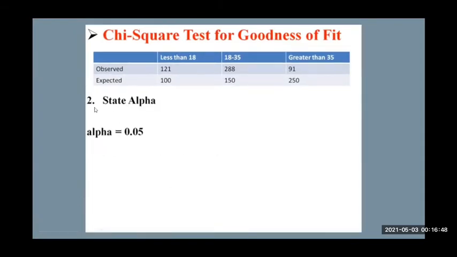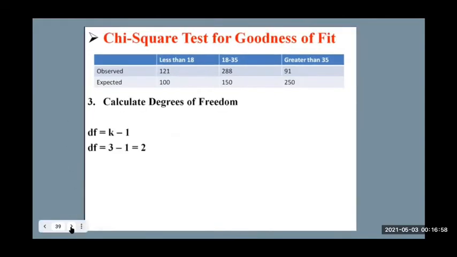In step 2, we are going to identify our alpha, or the level of significance, which is the default one, 0.05. In step 3, we are going to calculate the degrees of freedom, which is column minus 1.